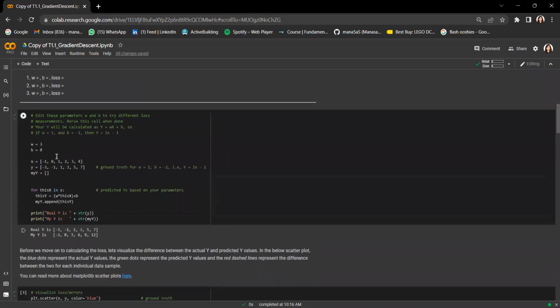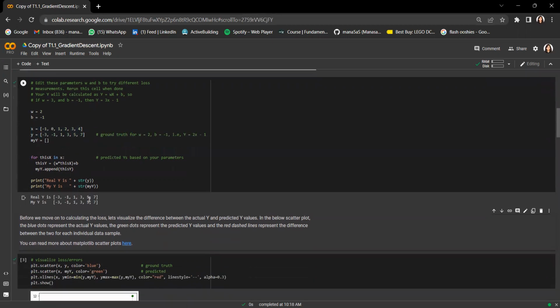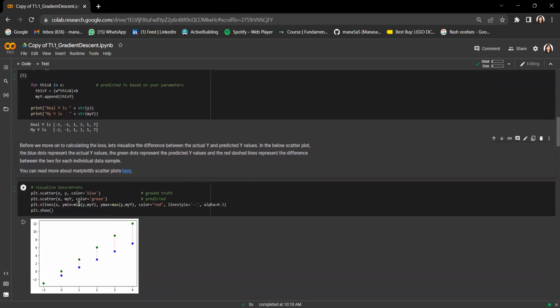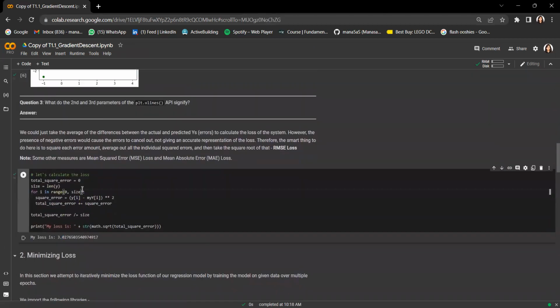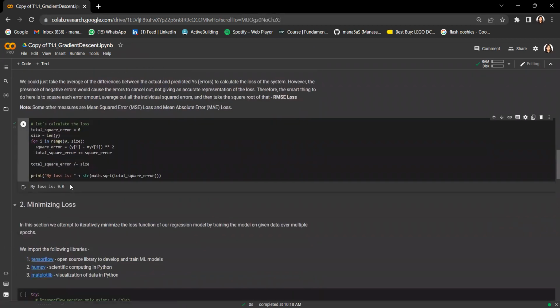So we can go back and change our values. The ground truth here is actually 2 and minus 1. So the data that we have represents y = 2x - 1. If we go ahead and run that, we see that they're exactly the same. We don't see any red lines, and the loss is 0.